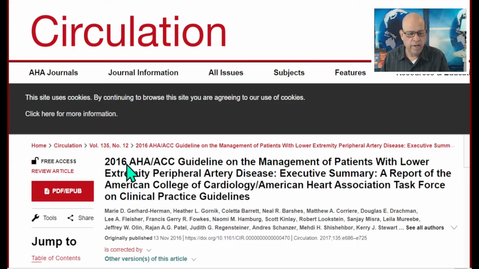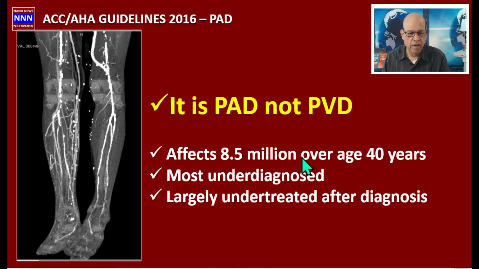The 2016 ACC AHA guidelines were published in Circulation in 2016 for management of patients with peripheral arterial disease. We used to call this peripheral vascular disease back in the 80s, 90s, and 2000s, but the correct terminology today is PAD, which stands for peripheral arterial disease.